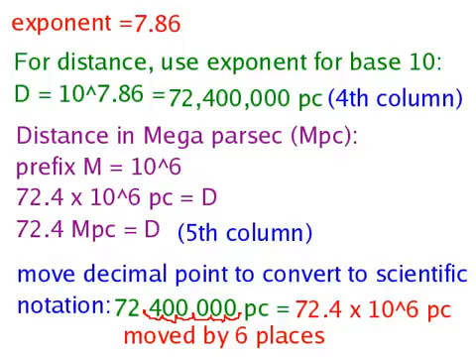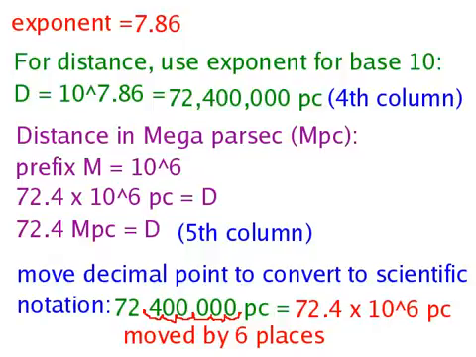Because we could get our 72,400,000 back by multiplying, turning the 10 to the 6th into 1 million, and then multiplying 72.4 times 1 million. So then we would get our 72,400,000 parsecs back.